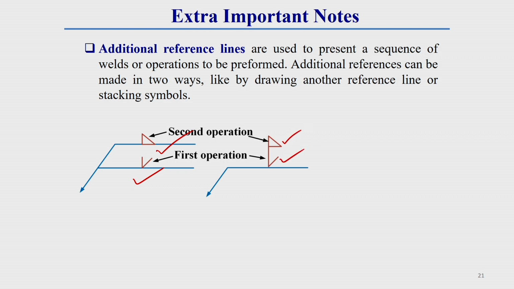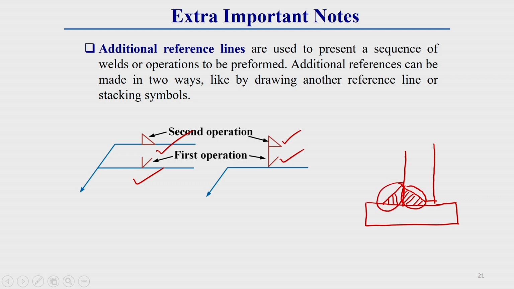How it is, that I am explaining a little bit here. Let us take a T joint. Here first we have to do a bevel weld, and after that we have to do a fillet weld.